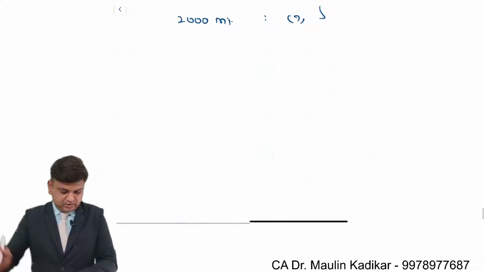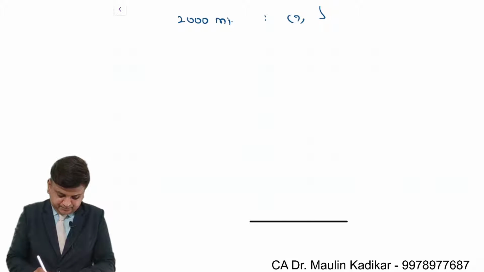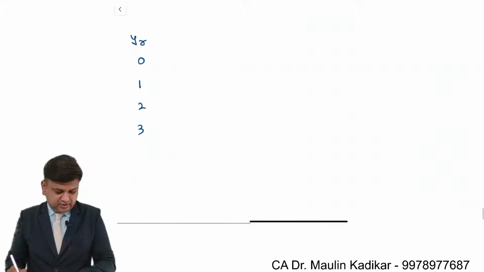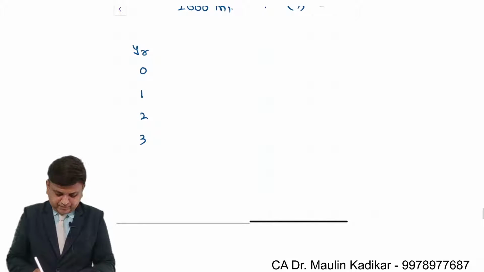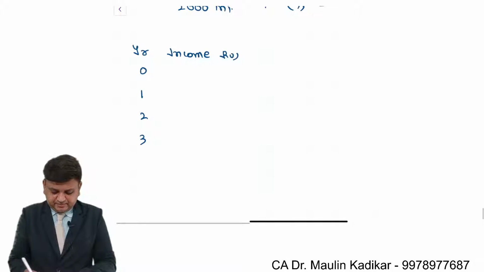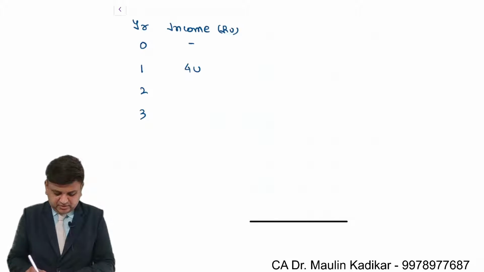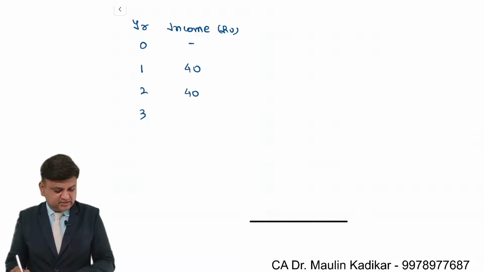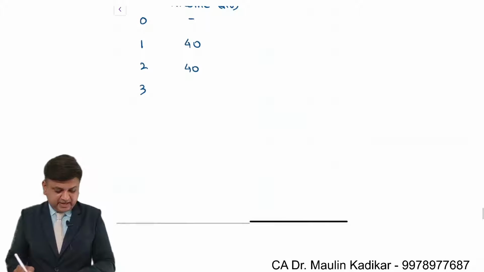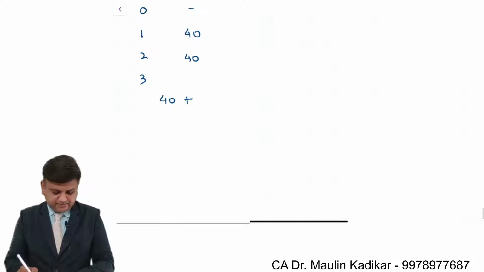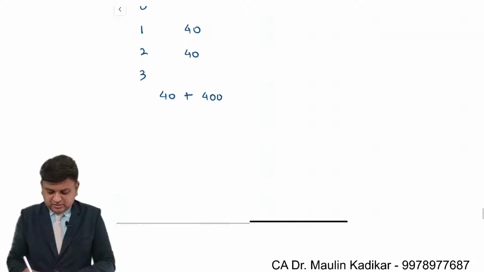Okay, so now year 0, year 1, year 2, year 3. Income in rupee terms: at the end of the first year it is 40, at the end of the second year it is again 40, and at the end of the third year it is 40 plus 4000.